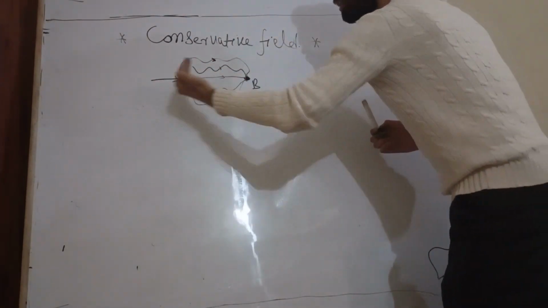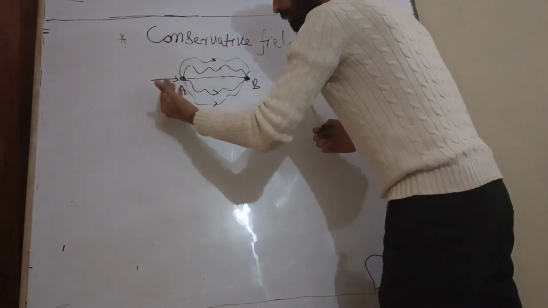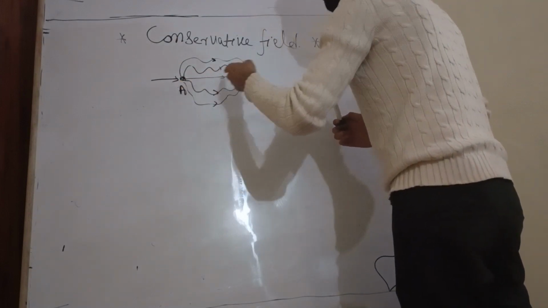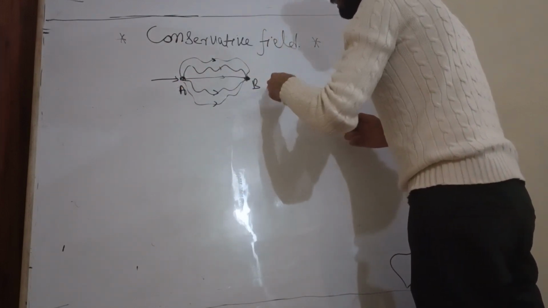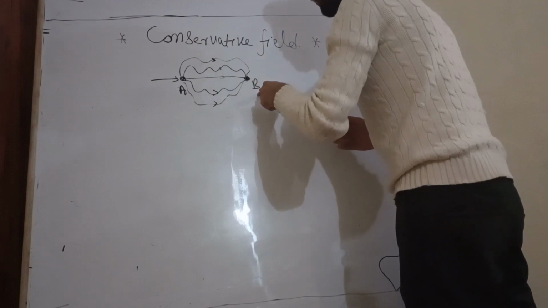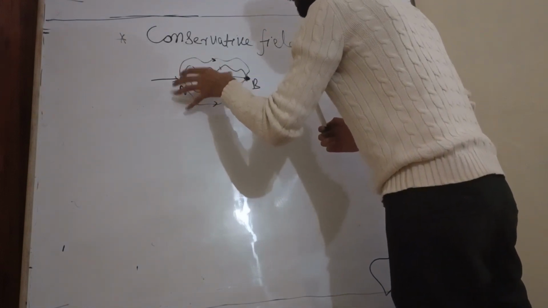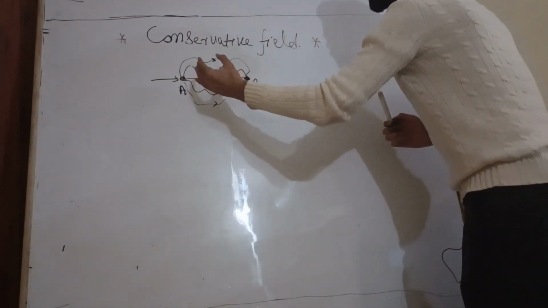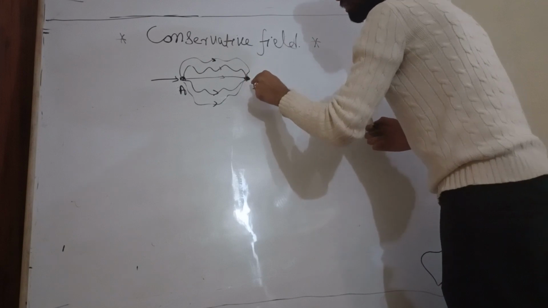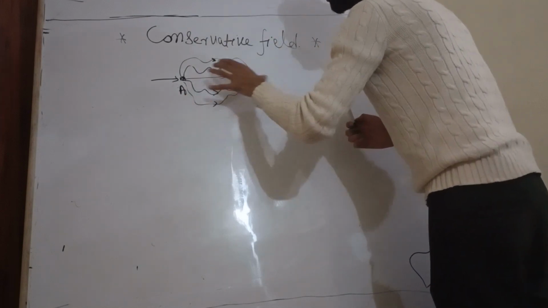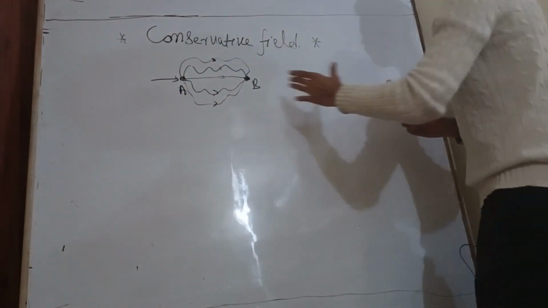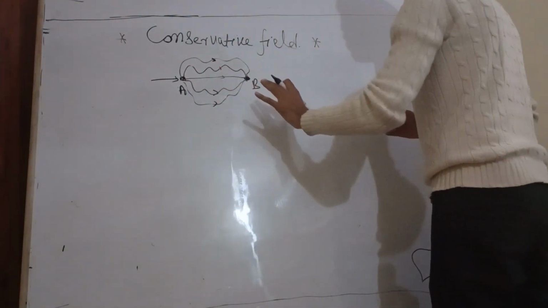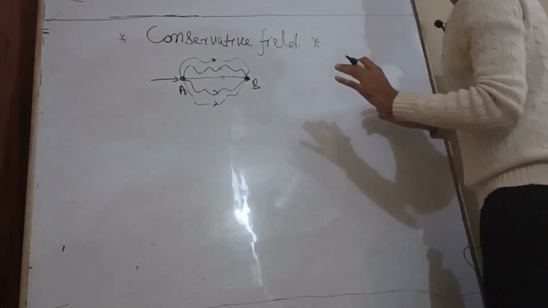So when you apply the force to a particle and move it from A to B, the work done depends on your initial and final position, but does not depend on the path. That is what a conservative field means.